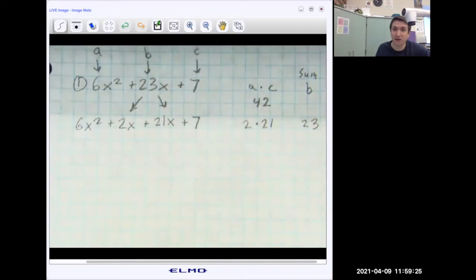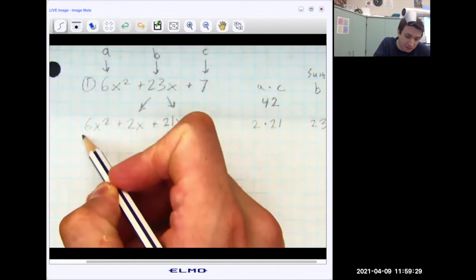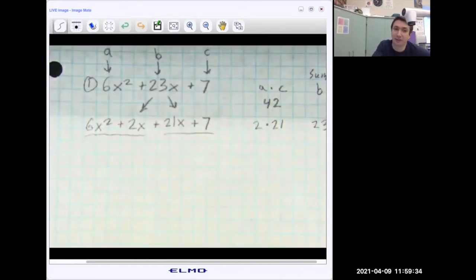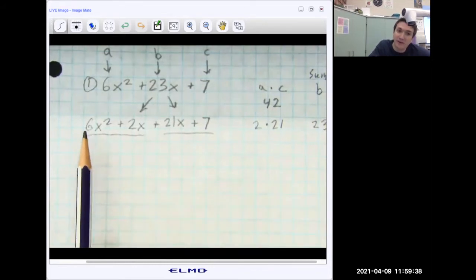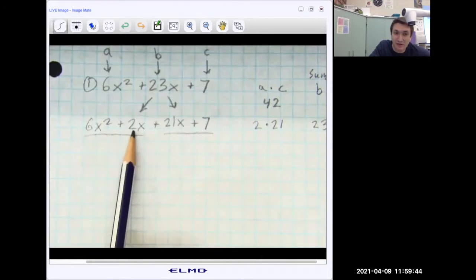Now, the next thing I want to do is treat the beginning and the end of this problem separately. I'm looking at these two as separate pieces of the expression. In this first piece, I want to think, is there any common factor that I can divide out of these? Notice they both have even numbers here, so I can divide out a 2, but I can also divide out an x.